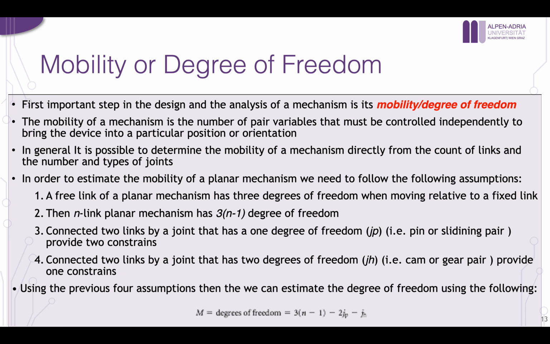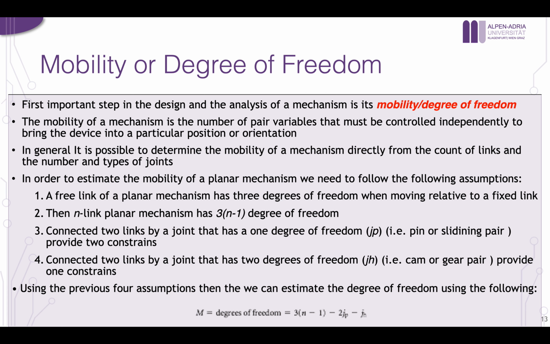Now, from its name, degree of freedom, and from what we have seen when we looked at the joint, it's more about variables. It's more about in how many dimensions this mechanism can move, or if not a mechanism, a joint, starting from a joint, it can move.